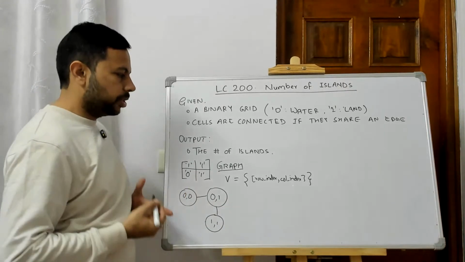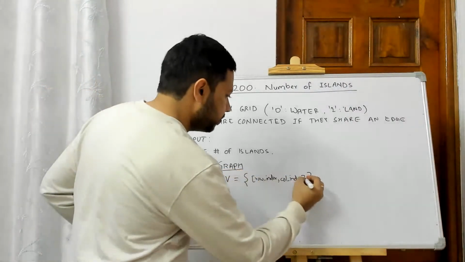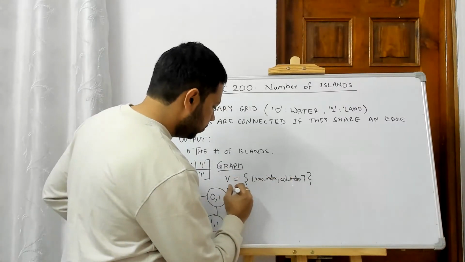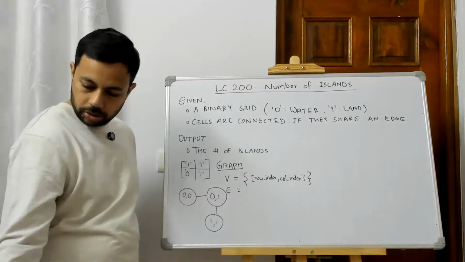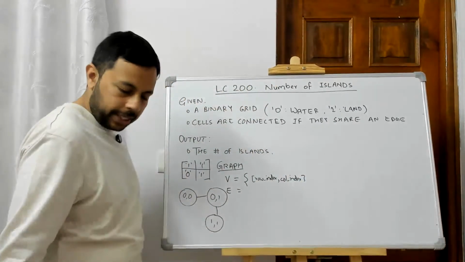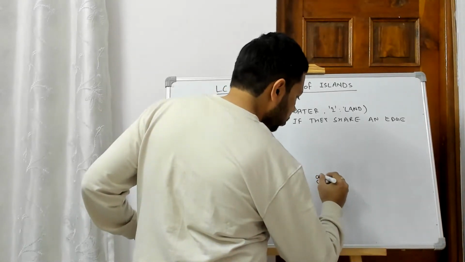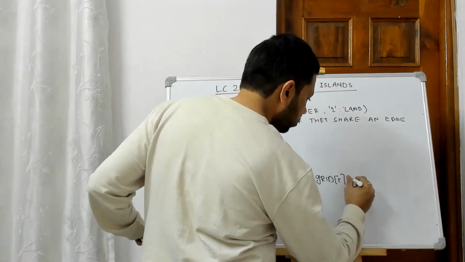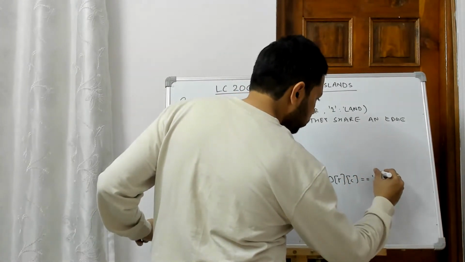And now, once you have a graph like this, all you have to do is count the number of connected components. So this question boils down to, given a graph of vertices, which are cells, and edges, which are neighbors, vertex row index comma column index, where grid of row column is equal to 1.